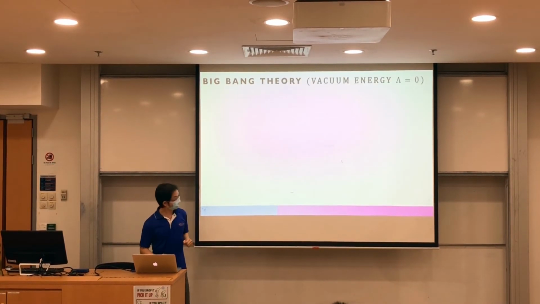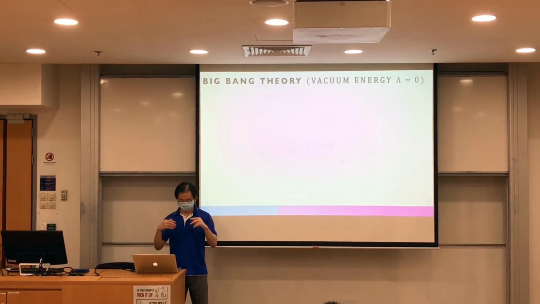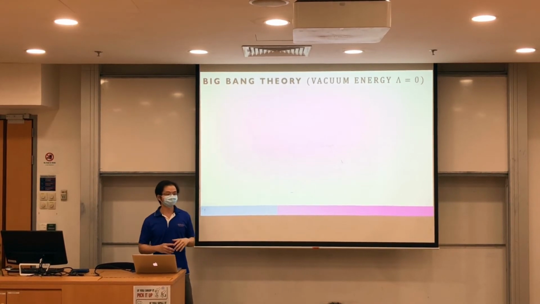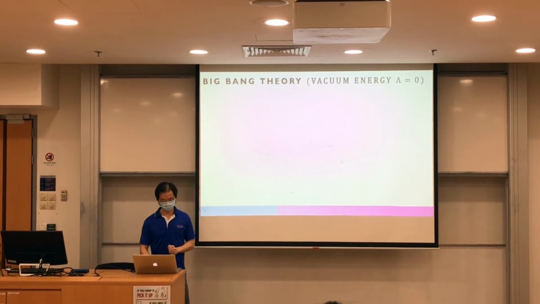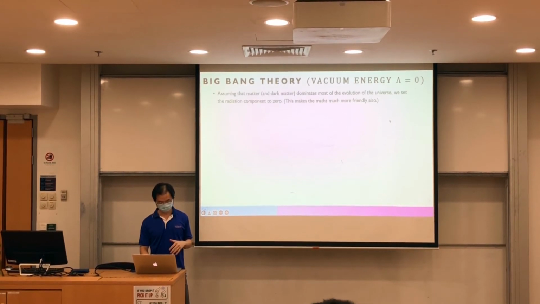Okay. So with all the theory part done, I can now show you the standard Big Bang theory, which assumes that the vacuum energy is 0. So we assume that matter dominates most of the universe, and we set the radiation component to 0, for max friendliness as well.